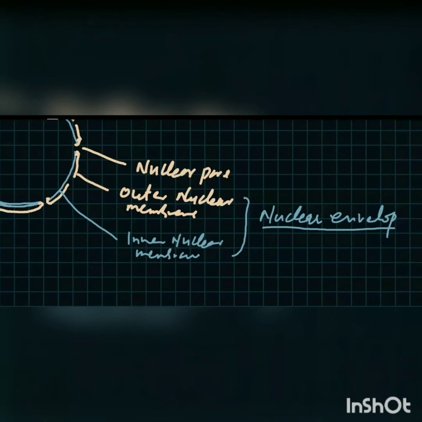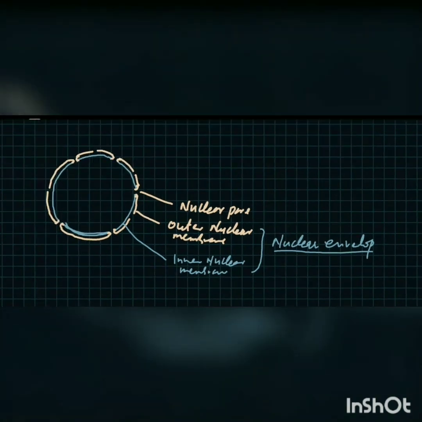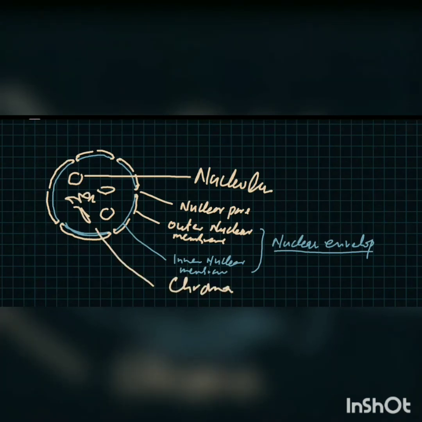Okay, then we will see two more structures inside it known as nucleolus and chromatin. So this is how nucleus will be visible under an electron microscope.